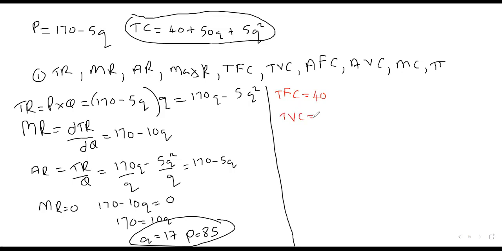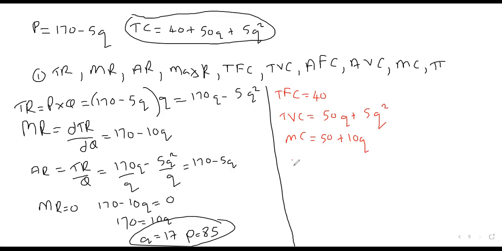It is 50Q plus what? Anything that has a Q is variable, is affected by output from our definition, 5Q squared. And how do we find the marginal cost? We differentiate this function. The 40 drops out, so we're going to have 50 plus 10Q.